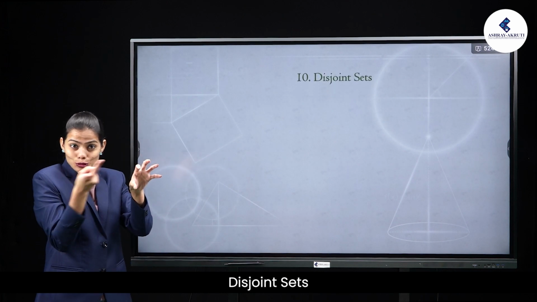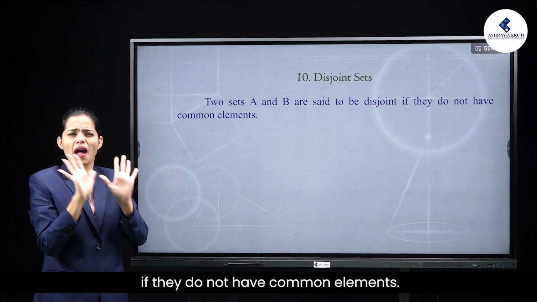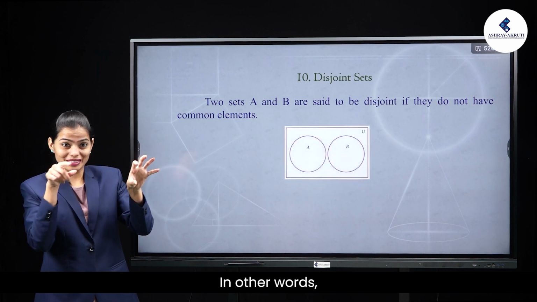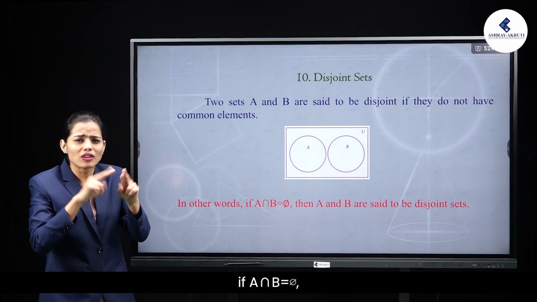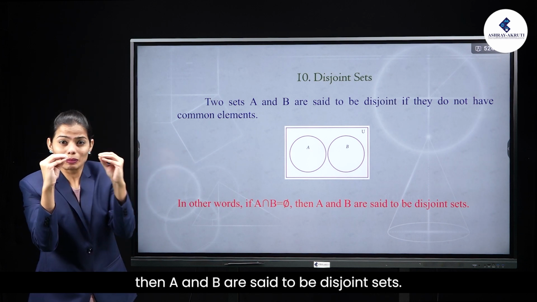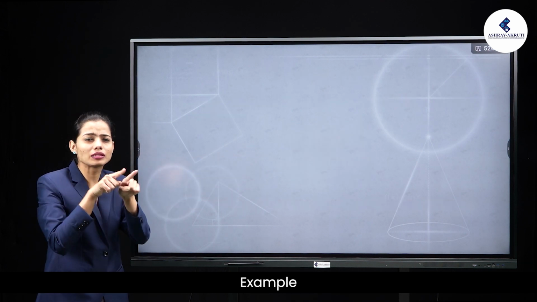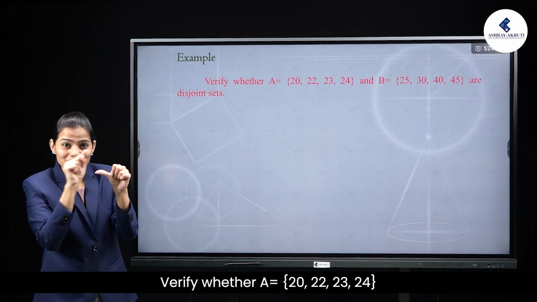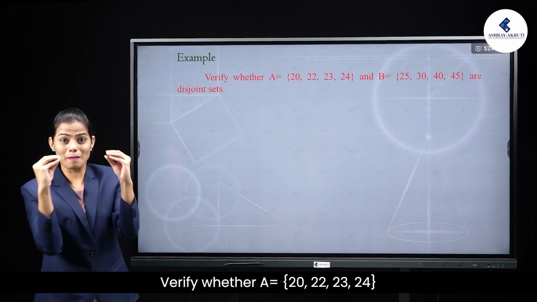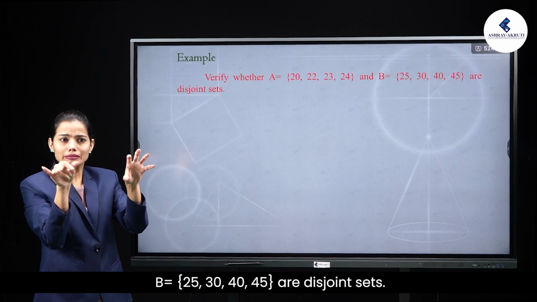Disjoint sets. Two sets A and B are said to be disjoint if they do not have common elements. In other words, if A ∩ B = ∅, then A and B are said to be disjoint sets. Example: verify whether A = {20, 22, 23, 24} and B = {25, 30, 40, 45} are disjoint sets.